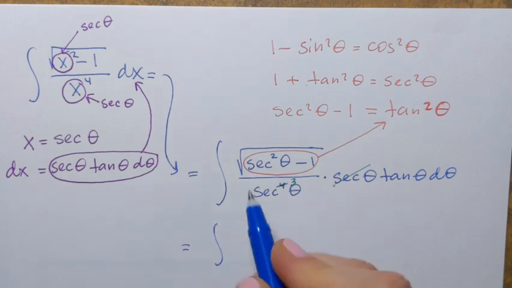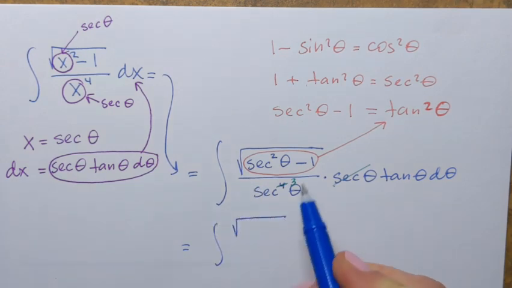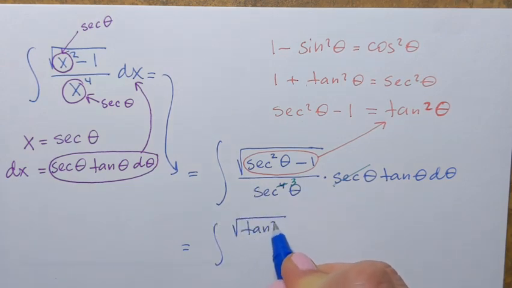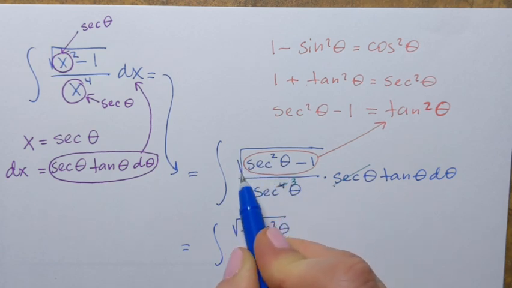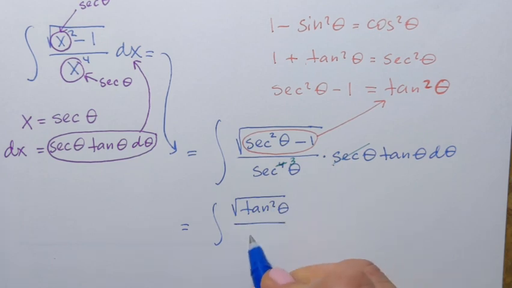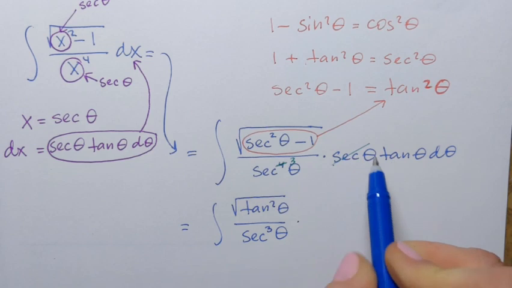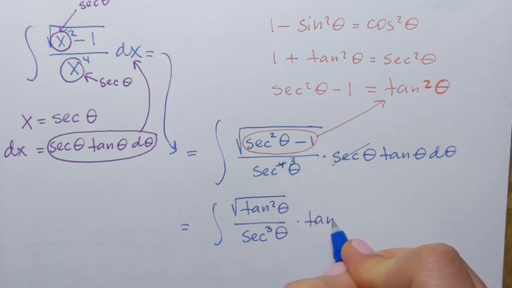But going back to the numerator, I can see that inside the square root, I will have tangent squared of theta, so secant squared of theta minus 1 got replaced with tangent squared of theta, over, now secant to the third power, times that secant is gone, so it's just tangent theta d theta.